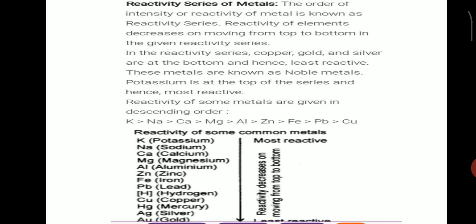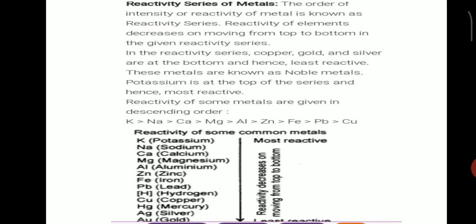So, on the basis of the reaction of various metals with oxygen, water, and acid, or we can say the displacement reaction, metals have been arranged in a series according to their reactivity. This arrangement of metals in a vertical column in order of decreasing reactivity is called the reactivity series of metals.